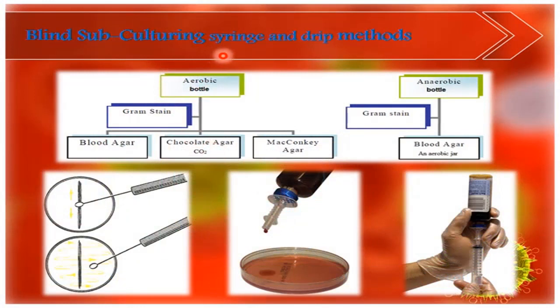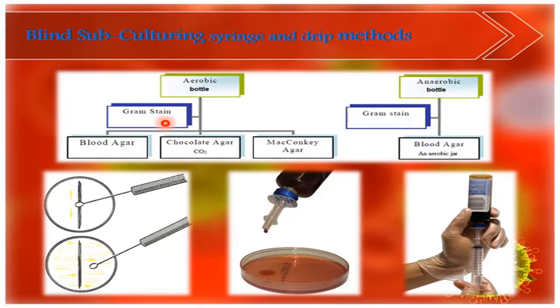Blind subculture, syringe and drip methods, as you show here, for the aerobic bottles. In both of them, Gram stain is very important to detect the causative agents, either Gram positive or Gram negative. The result of a Gram stain gives me a preliminary test for the culture, and the suspicion of the causative organism.